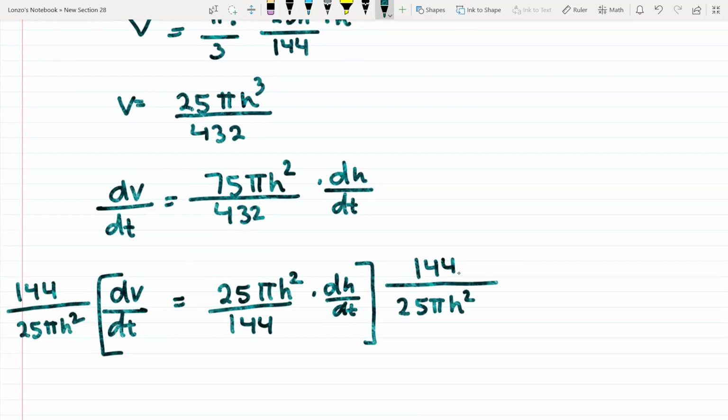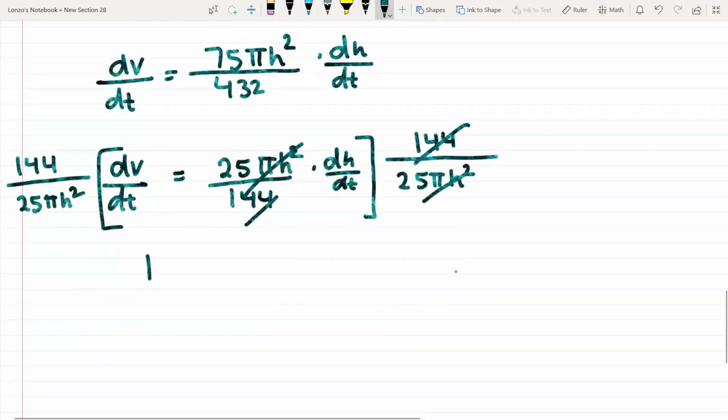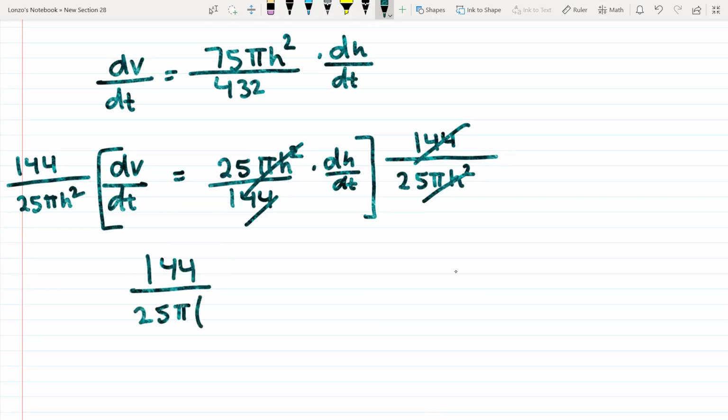Because I want to solve for dh/dt, this cancels, and on the left you are left with 144 over 25 pi and then my height. What is my height? My height was 8 feet.